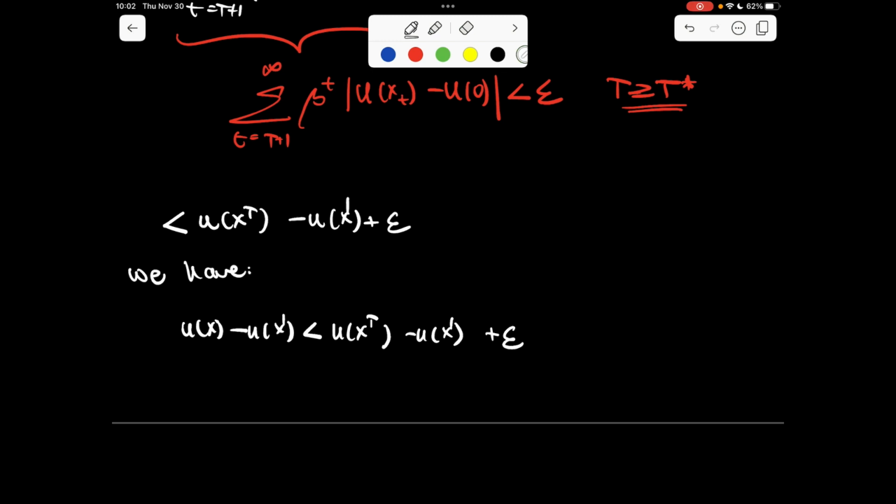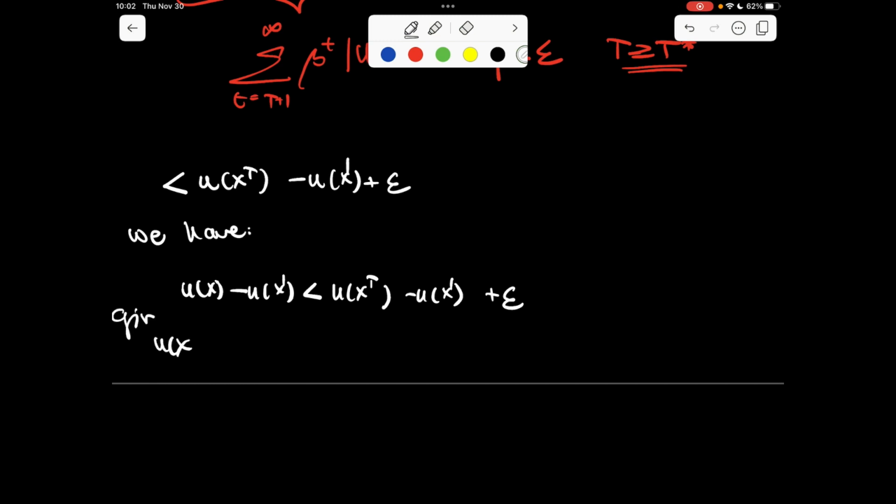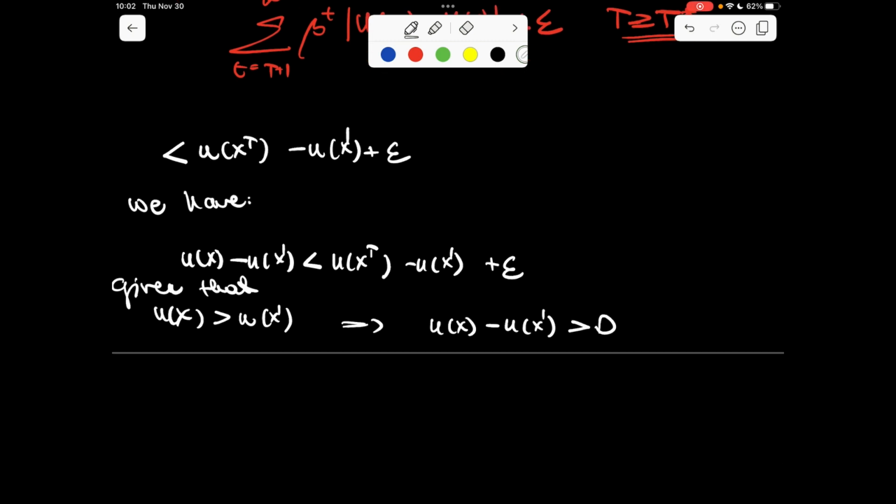And given that this inequality holds by assumption, or in other way, it is true.